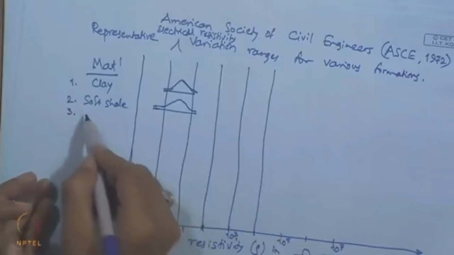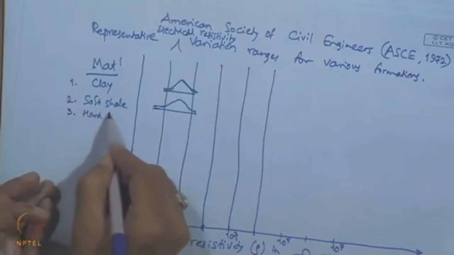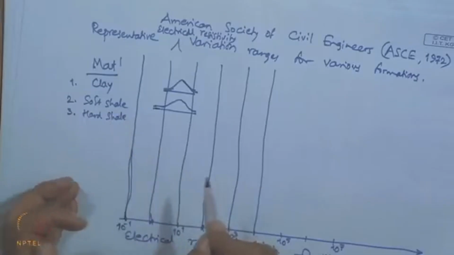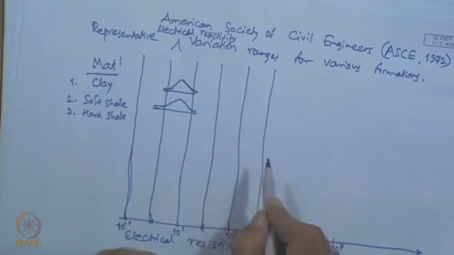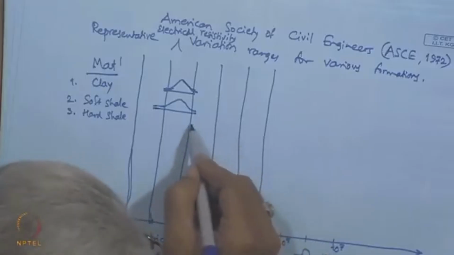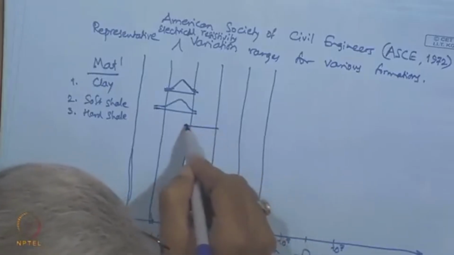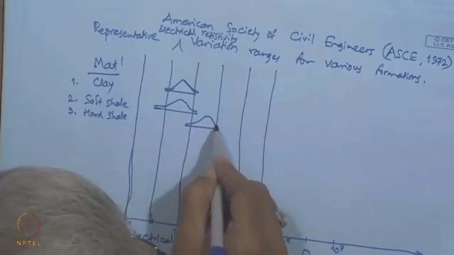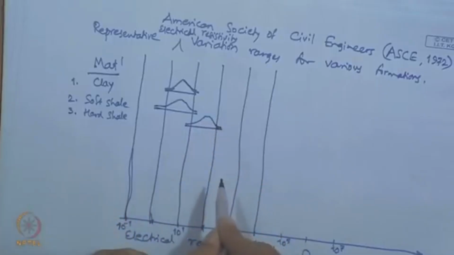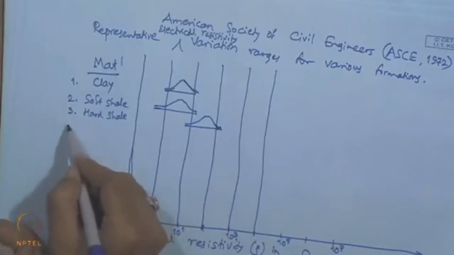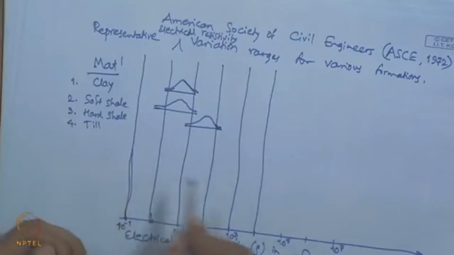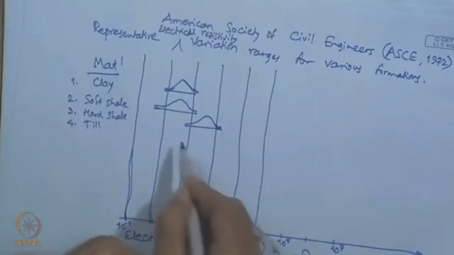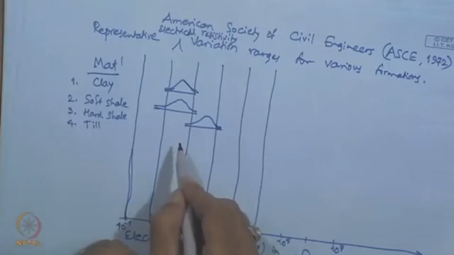Then followed by hard shale, which varies between 10 to the power 1 and 10 to the power 2, and shows a skewness to the right. Then the fourth one is the till, or the tilled earth, which shows skewness to the left.